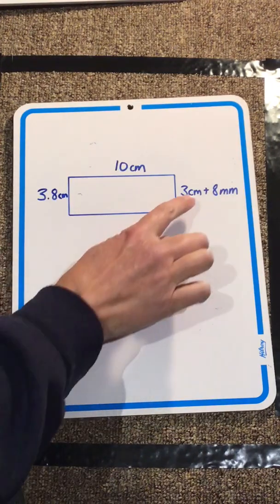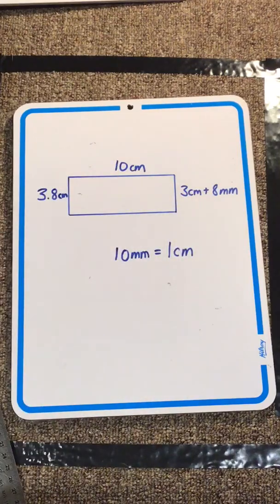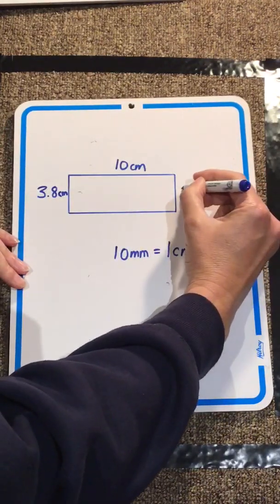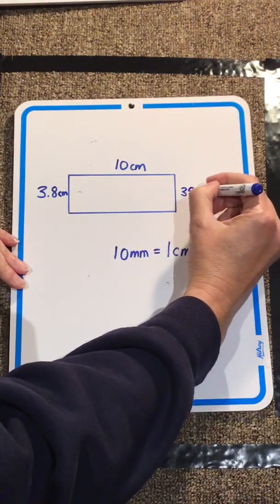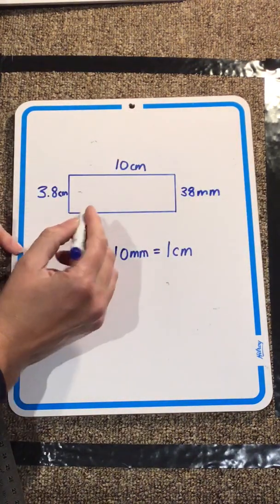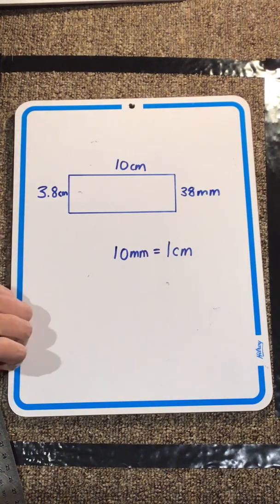We also know that if 1 centimeter is 10 millimeters, 3 times 10 is 30. 30 plus 8. We could also say that this is 38 millimeters long.